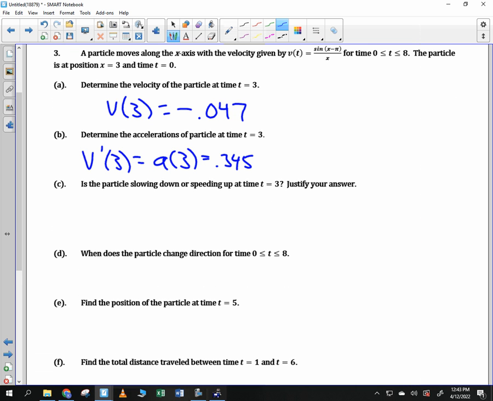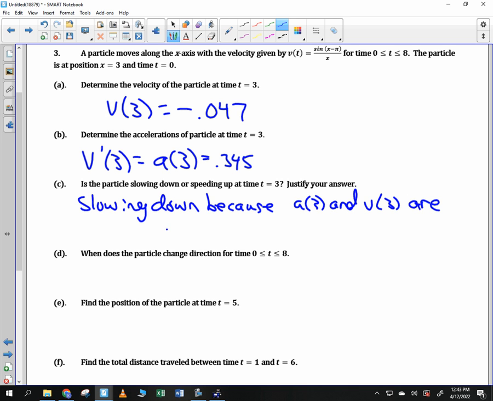Is the particle slowing down or speeding up at time equals 3? Slowing down, because a of 3 and v of 3 are different signs.